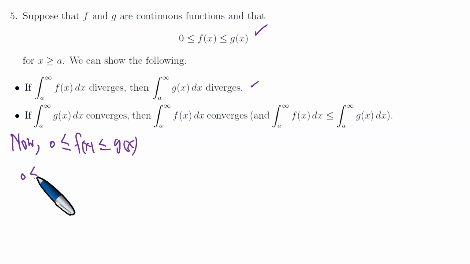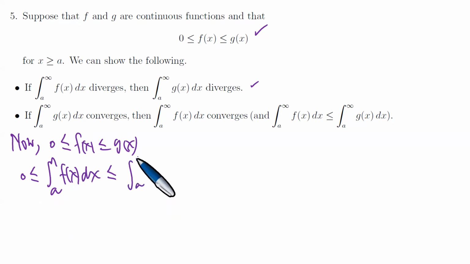You apply the integral on all the sides: the integral from a to n of f of x dx, and the integral from a to n of g of x dx.